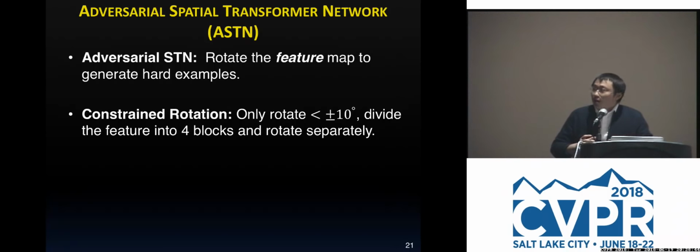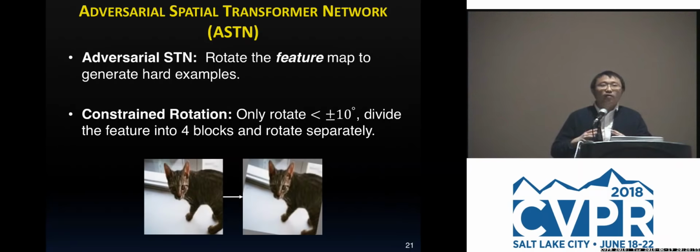So not all the channels rotate to the same angles. It just makes the challenge much harder. Here is one illustration. Rotating the features does not really correspond to rotating the images in this way. It is just an example illustration.